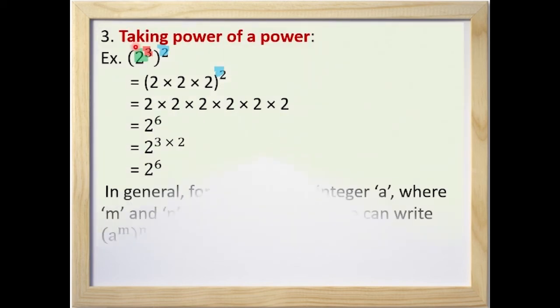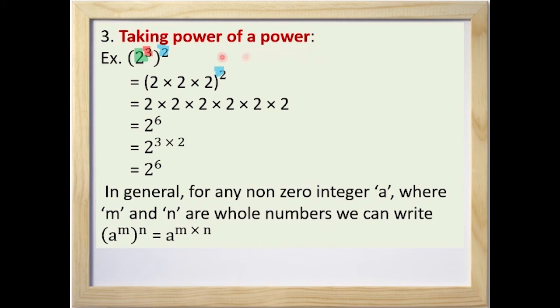Children, the third law is taking the power of a power. Let us understand by taking an example. That is 2 raised to the power of 3, and the whole thing is raised to the power of 2. Here, children, 2 is the base inside the bracket and 3 is the exponent inside the bracket. Understood, children?